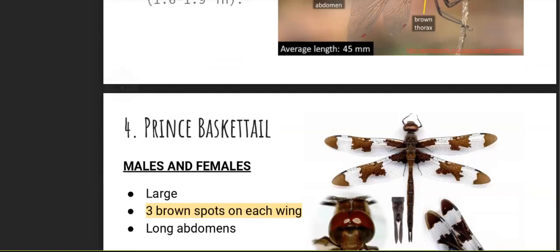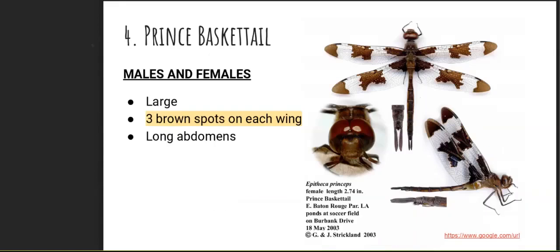And then we have the Prince Baskettail. These are big. It has long abdomens. The length can be up to almost 3 inches. 3 inches? Yes, big dragonflies.